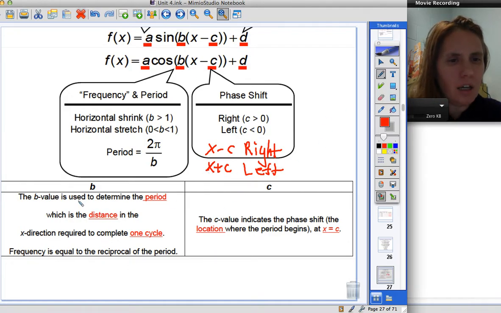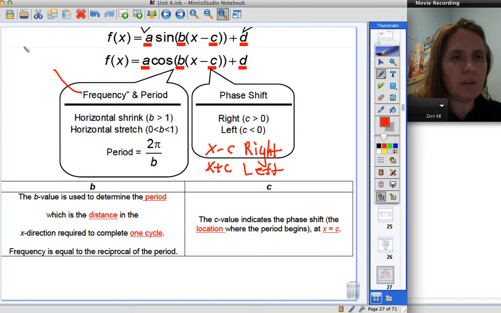Okay. So the B value is used to determine your period length, which is the distance in the x direction required to complete one cycle. Your period length is just one cycle. Frequency is equal to the reciprocal of the period. So if your period is 2 pi over B, then your frequency is B over 2 pi.